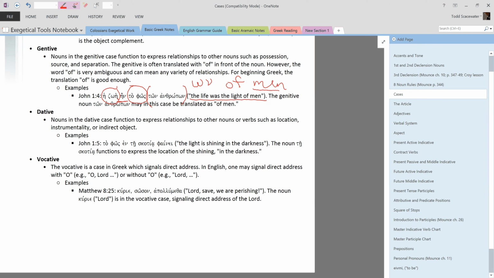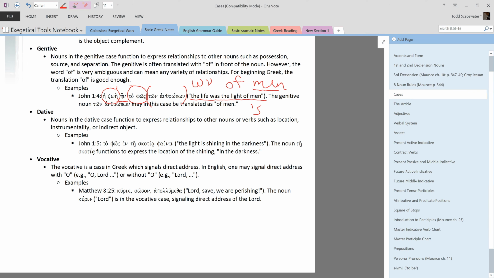And then if you want to smooth out the translation by using the apostrophe s, then you can do that. For example, in this you might say, the life was men's light. But that's a bit of a rough translation, and it doesn't really sound that great in English, so the life was the light of men actually sounds better, so you would leave it using of.